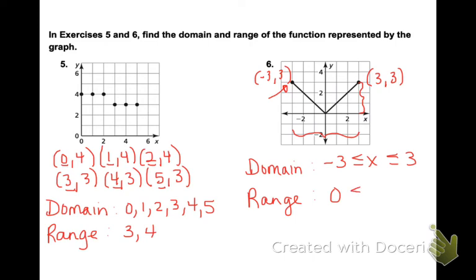So 0 is less than or equal to, now look what goes in the middle this time, the variable y. And that is less than or equal to the highest value of y on the y-axis, which is 3. So the range is from 0 to 3, and you want to write it as a compound inequality, because we're talking about a range of numbers.